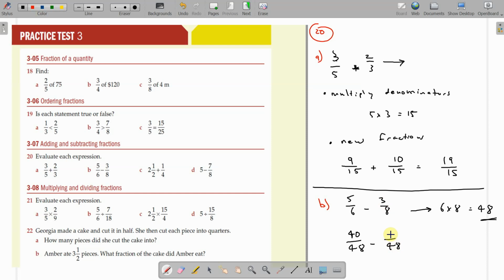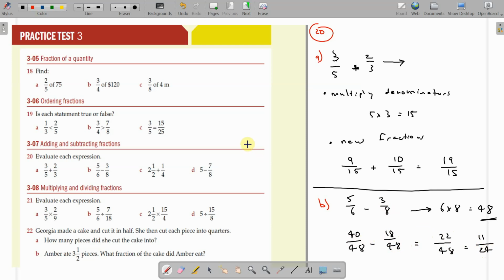So 3 increased by a factor of 6 is 18. Equals. Same denominator now. 40 minus 18, that's 22, which we can divide by 2. 11 over 24.